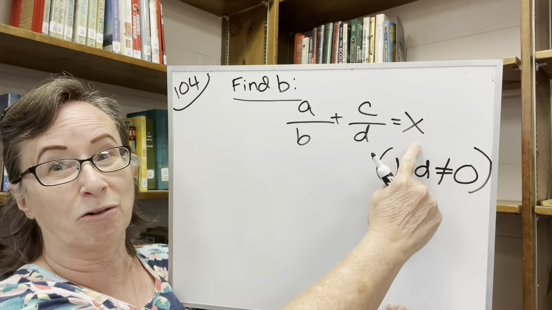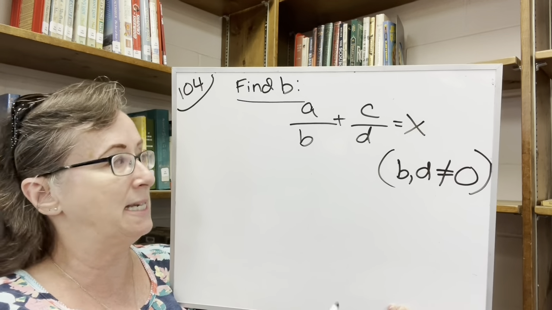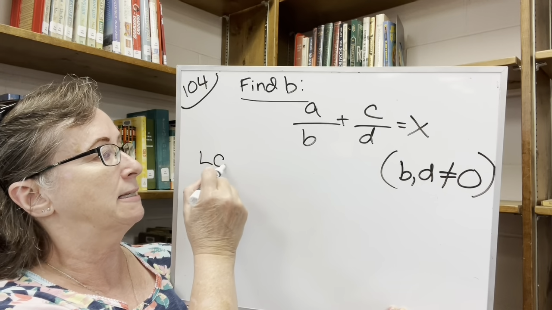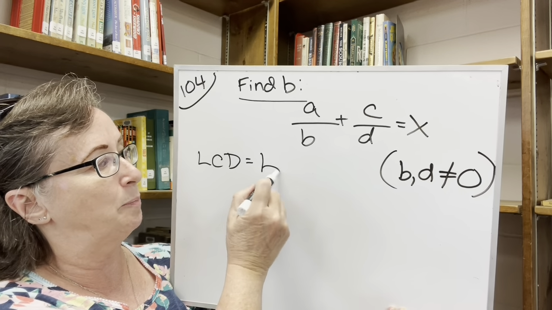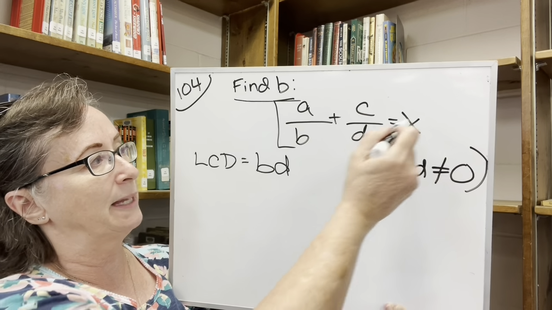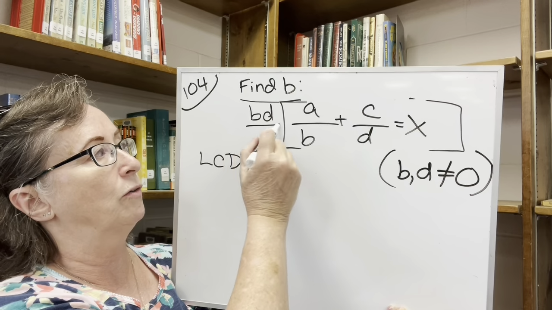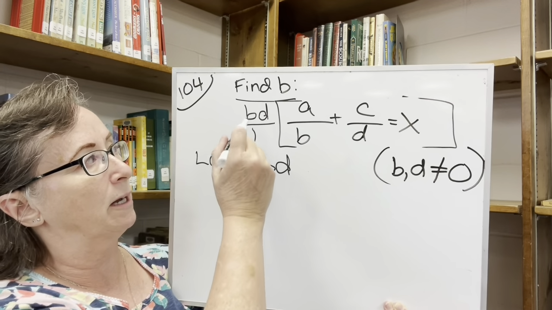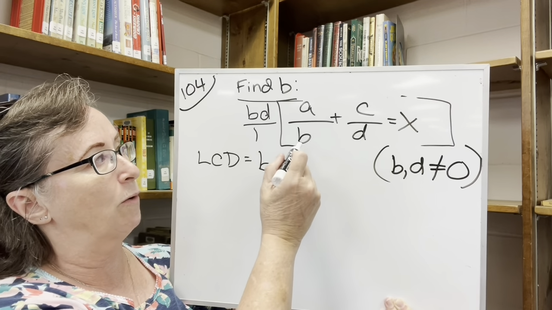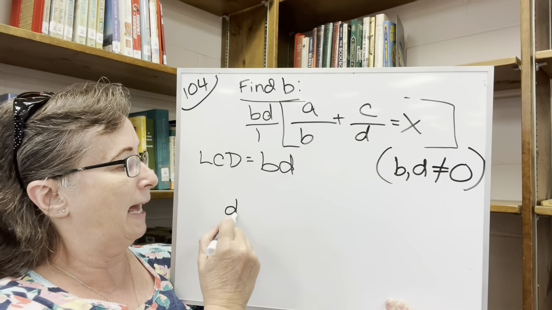Okay, so we're going to start with a least common denominator. Since the x has only a 1 underneath it, our common denominator is b times d, or bd. So my least common denominator is bd, b times d. So now I'm going to multiply the entire thing by bd over 1. So now here we go. bd times a over b, the b's are going to cancel and we'll be left with dA or AD.